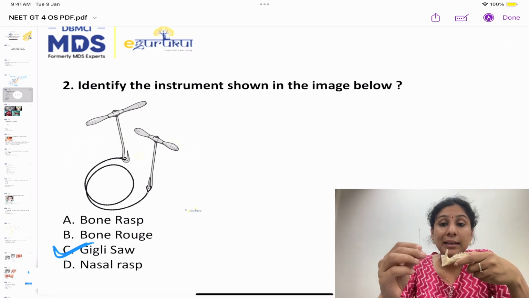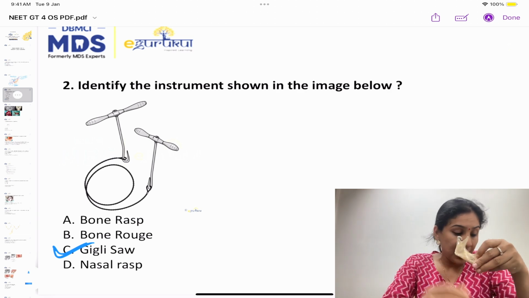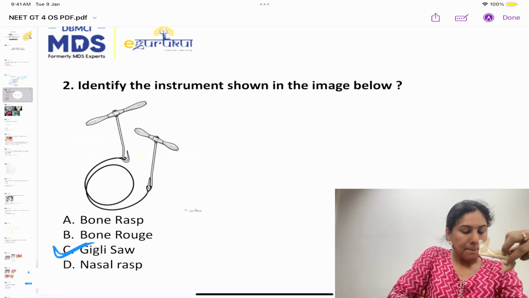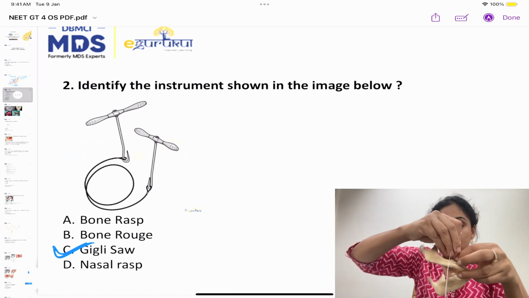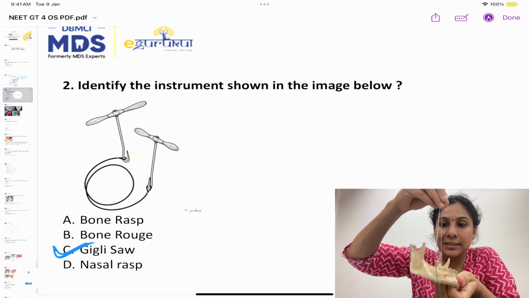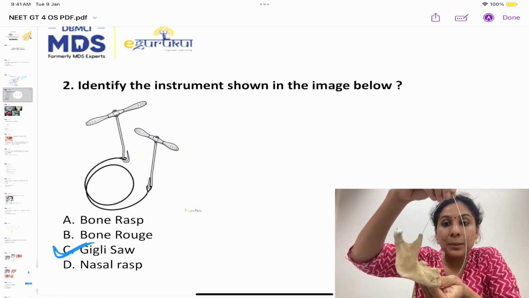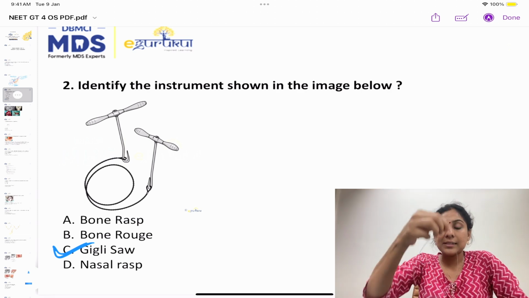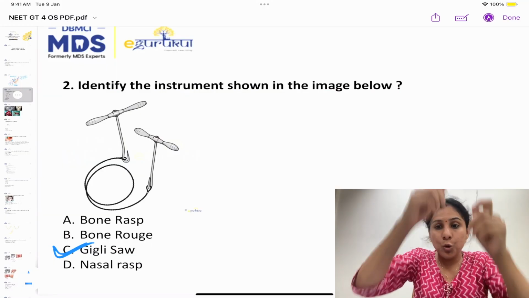But if I take the Gigli saw, if I put one end medially like this, and put the other end laterally like this, okay, so I have both the ends of the Gigli saw attached to my mandible in this fashion. Alright, so one part of the wire has gone medially, other part of the wire has come laterally, okay, and I fix this loop of the Gigli saw with my handle and zoop, zoop, zoop.